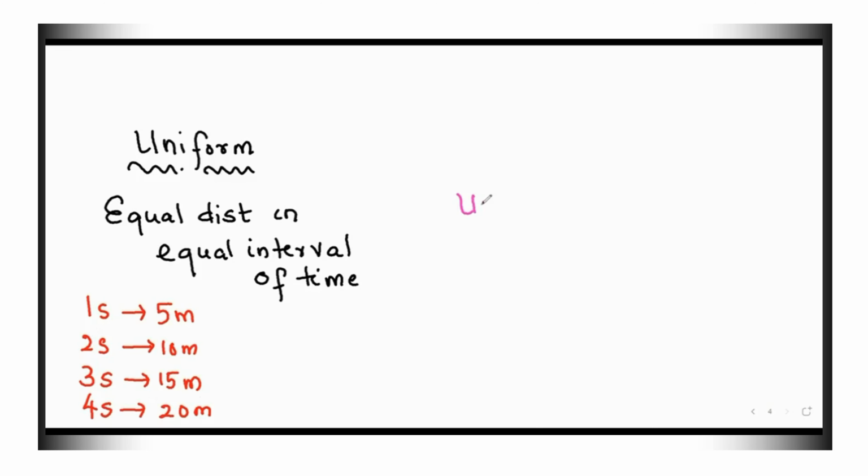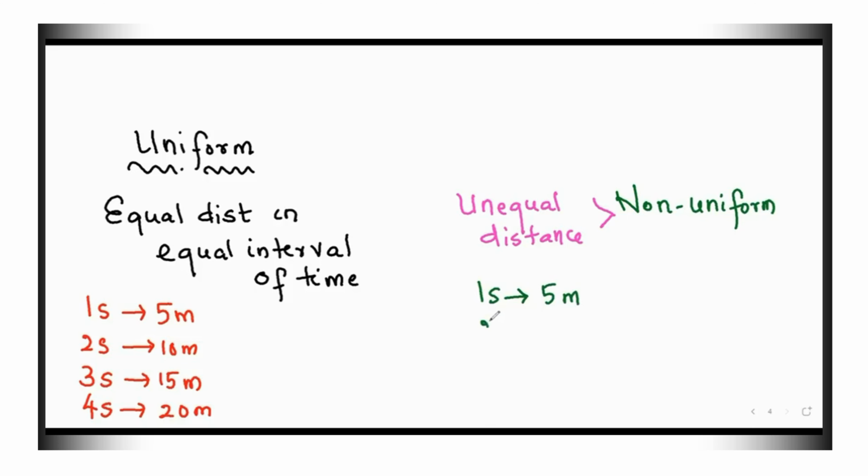And if it is unequal distance, we call that as non-uniform motion. For example, in 1 second, if it is traveling 5 meters, maybe in 2 seconds, it would have traveled 12 meters. And in 3 seconds, it would have traveled 20 meters.